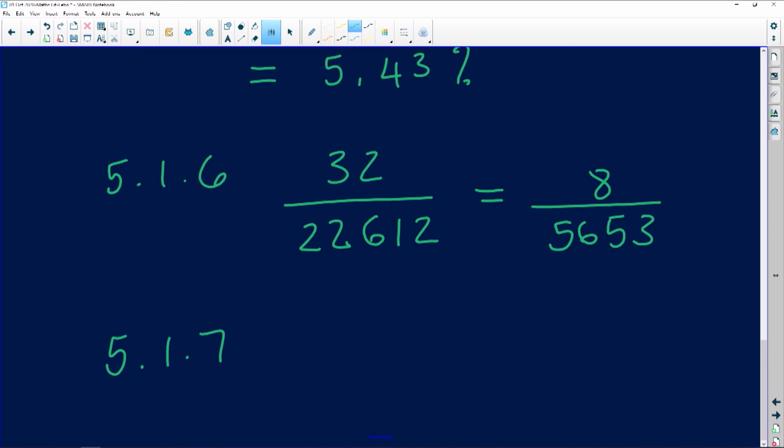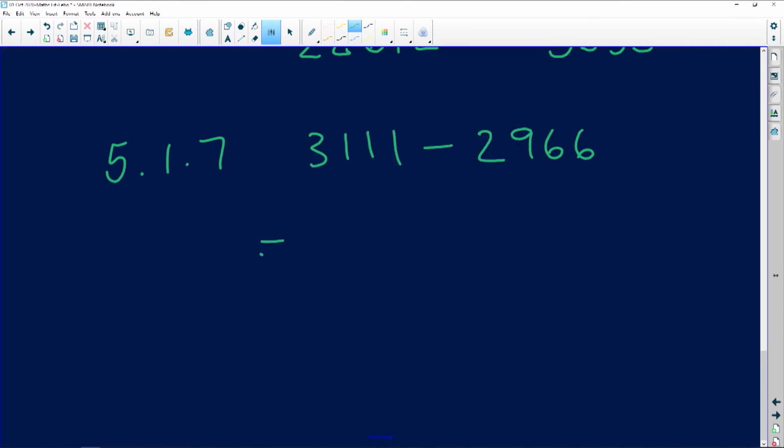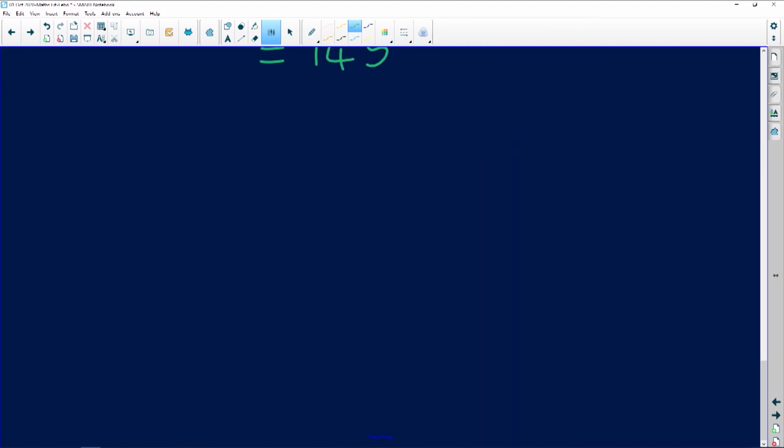So it would be 3,111 minus 2,966. Let's see if it really does give us that number. Oh, there, you see, 145. That's how it was calculated. So you need to show those things.